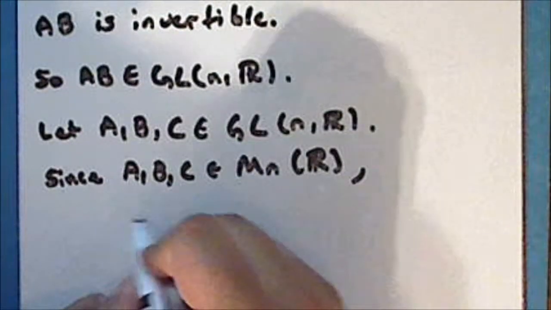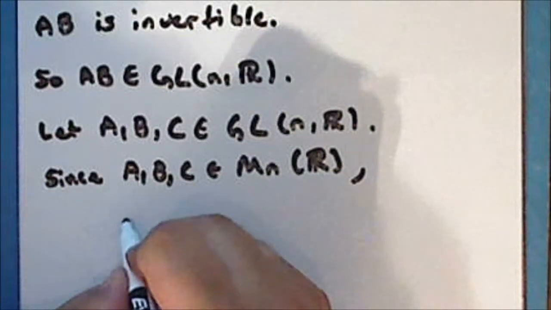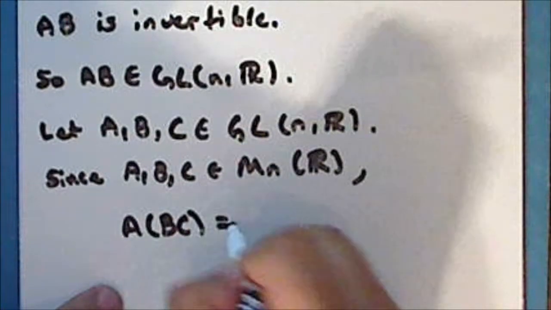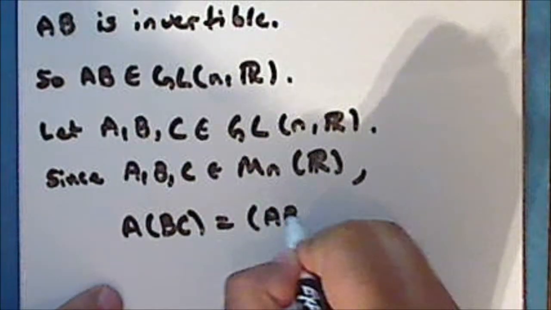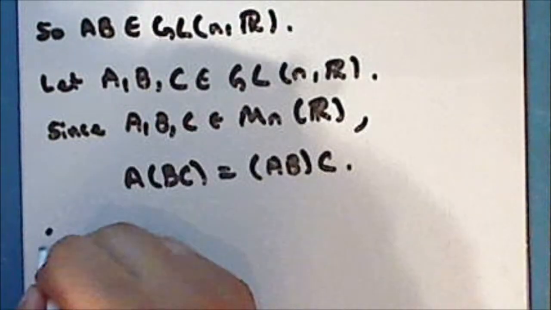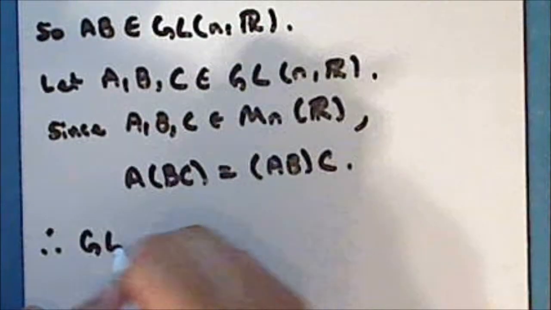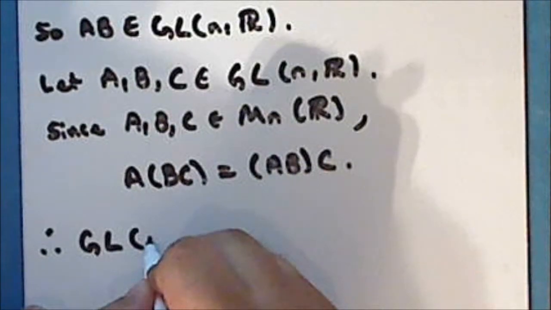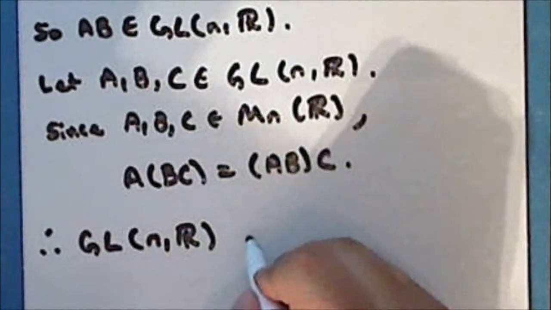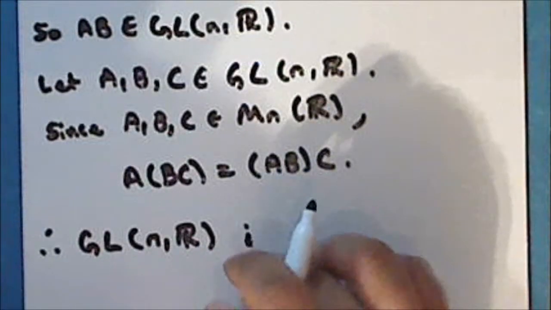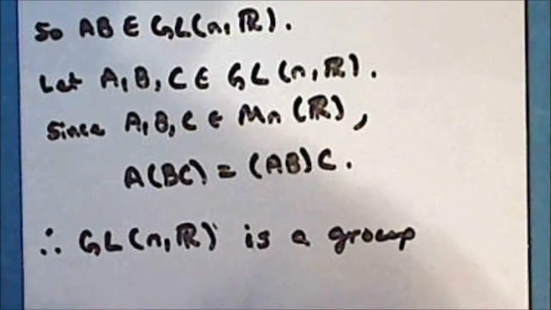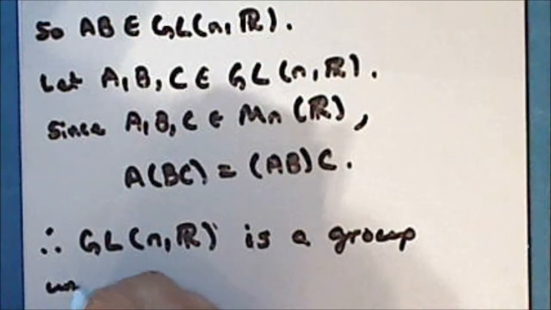And we have already demonstrated that for conformal matrices, A times the quantity B times C is the same as the quantity A times B times the matrix C. And therefore the general linear group of degree n with real entries is a group under matrix multiplication.